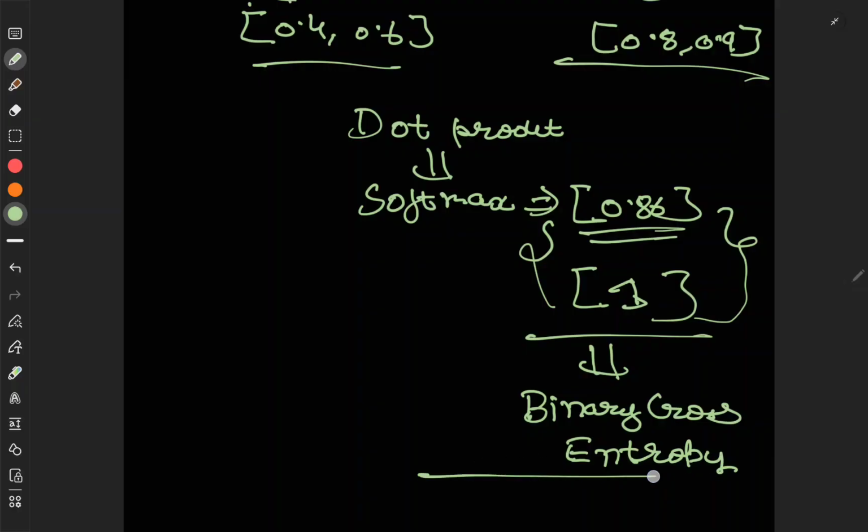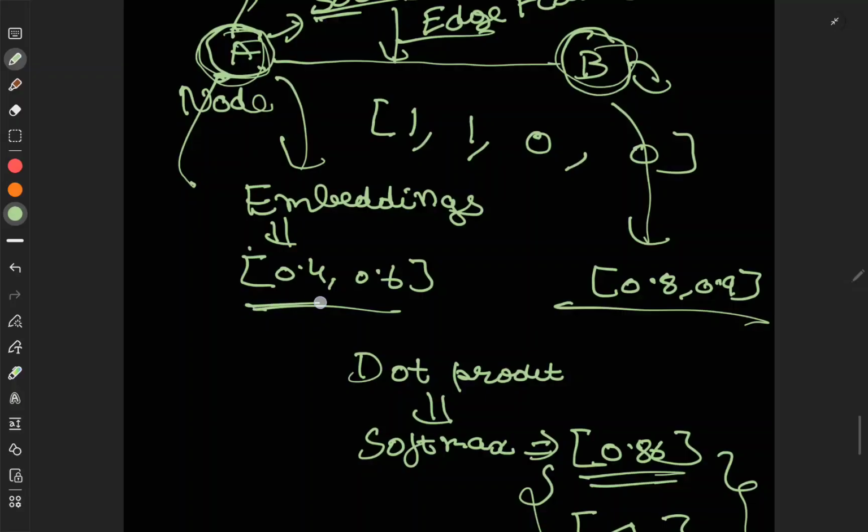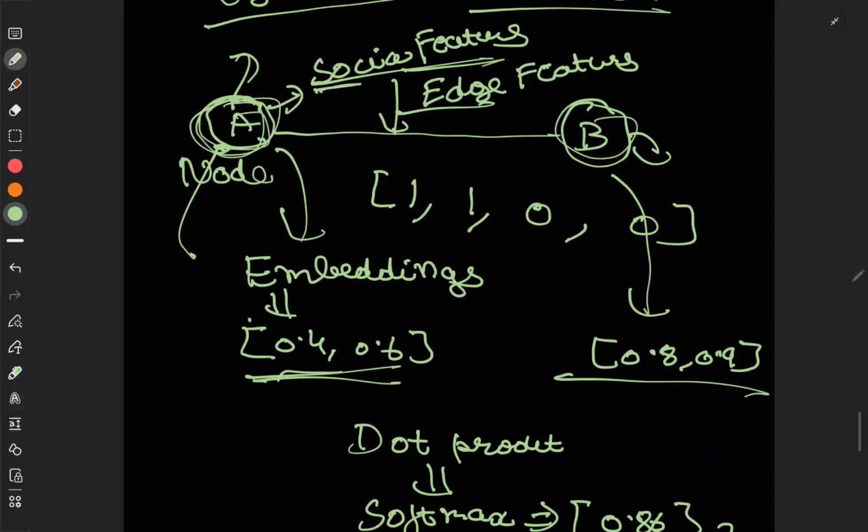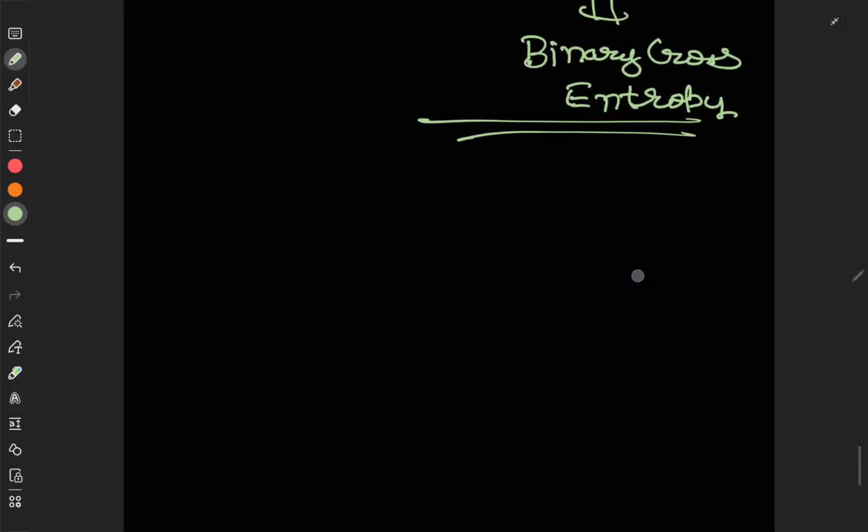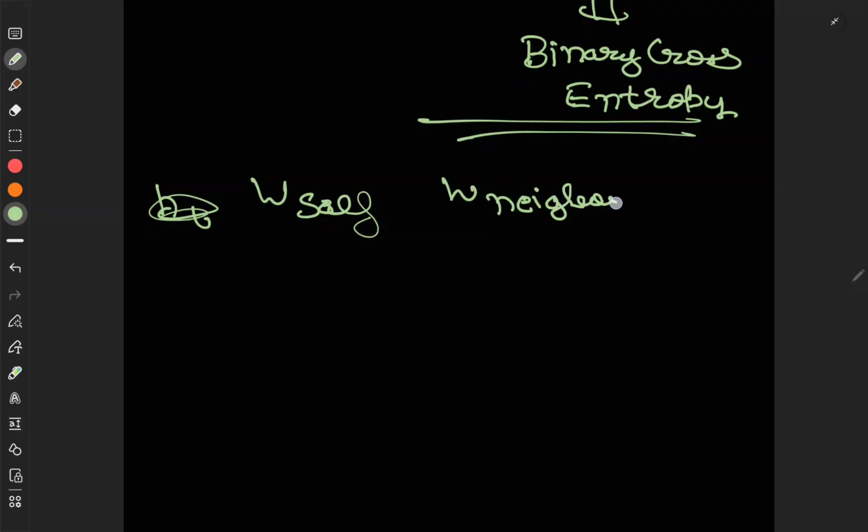But bhaiya, I still did not understand how this thing will be converted into embeddings. So let's give an example. See, the formula could be really simple. Let's say there are 3 weight matrices: weight of self, weight of neighbor, and weight of edge.